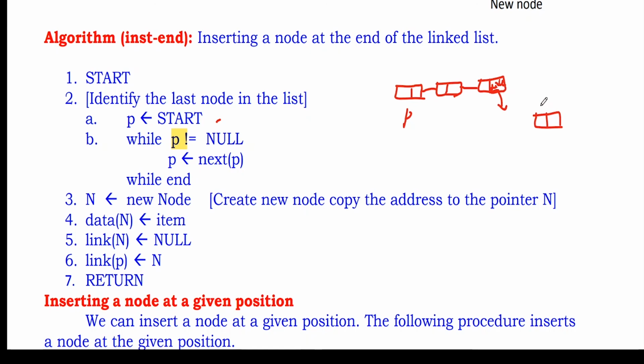So this is a new node, here we have n. The link field you copy n, and this you make null. So link of n is null and data we inserted here is something, item. Then link of P, here we copy n. So this link is established.